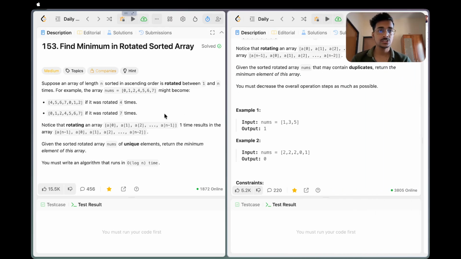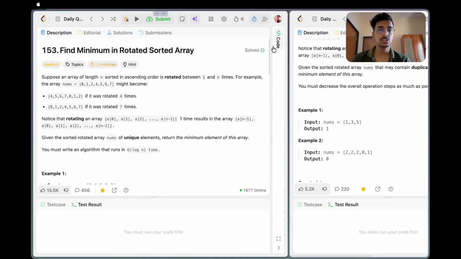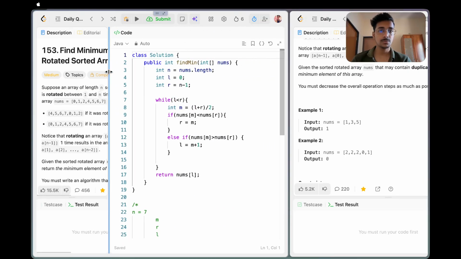Before moving forward, let's first check out what the solution was for the previous problem. We were using a binary search approach, and we had L as 0 and R as n minus 1.